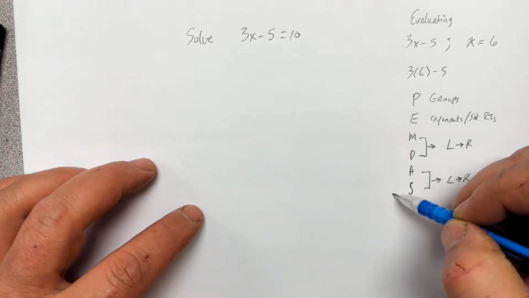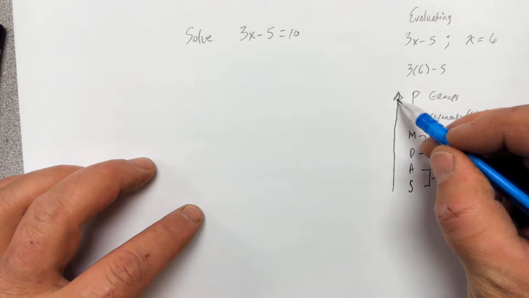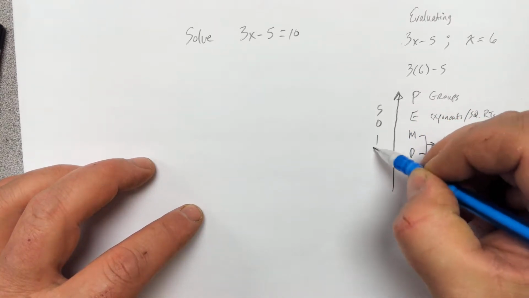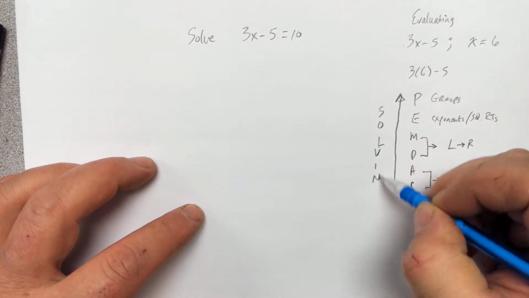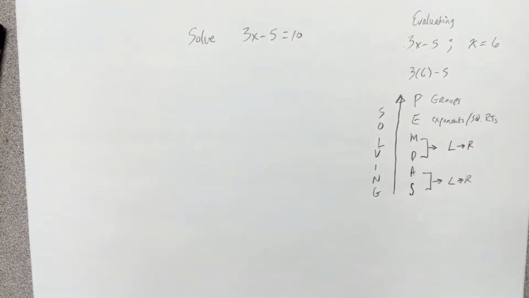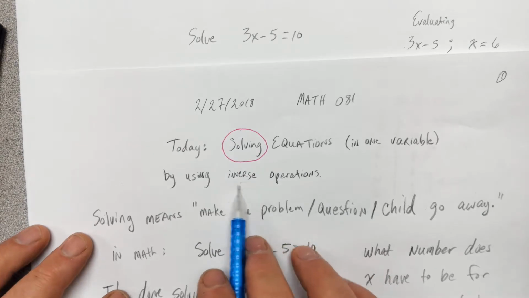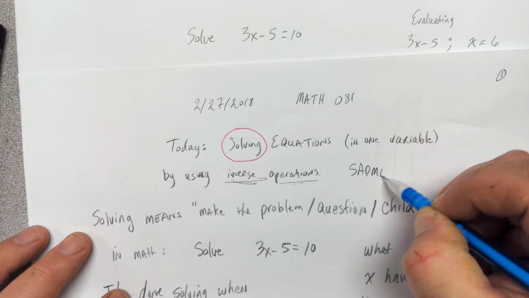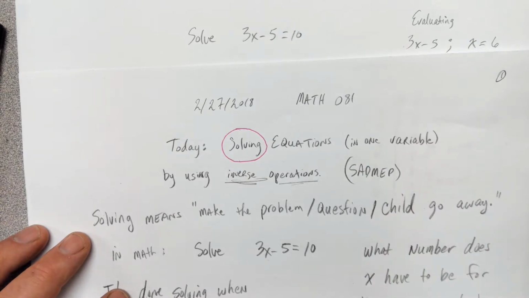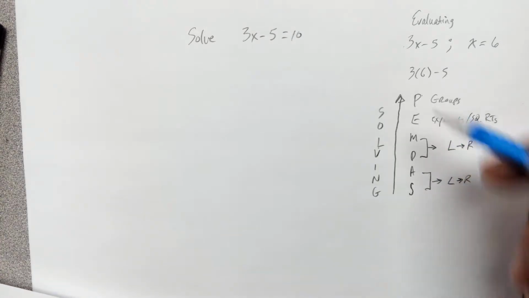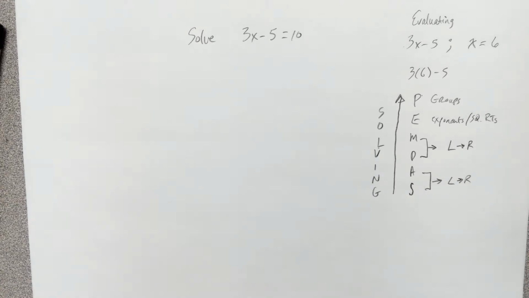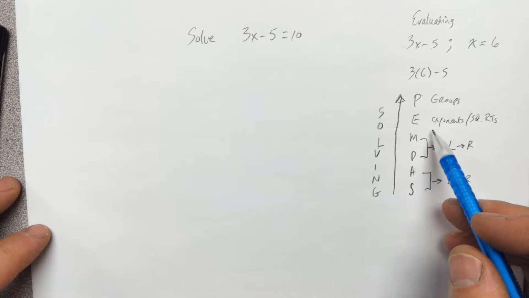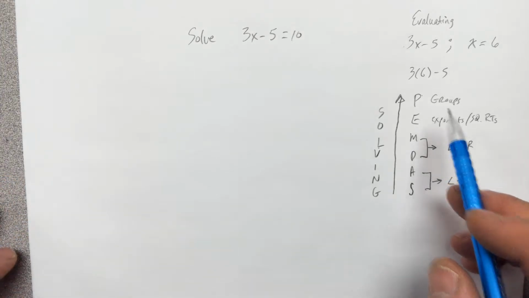But when you're solving, you do it completely backwards. In fact, when it says using inverse operations, instead of PEMDAS, it's SADMAP. We're going to add and subtract first. We're going to multiply and divide next. Then we would do exponents and square roots, and then we would do anything in a group last.